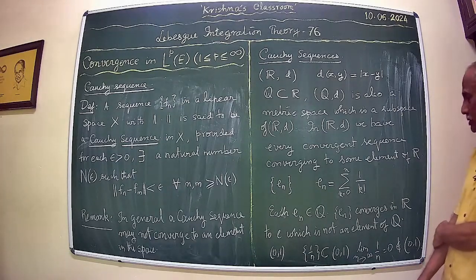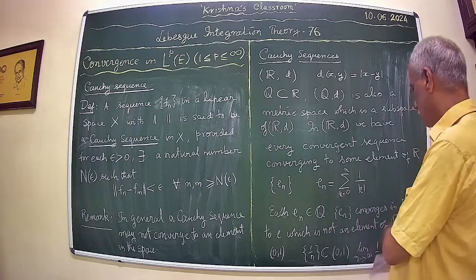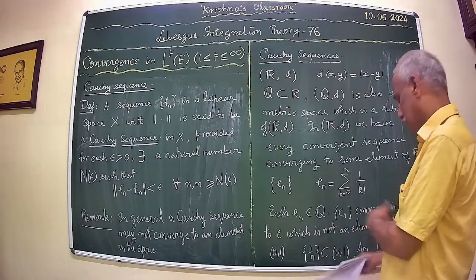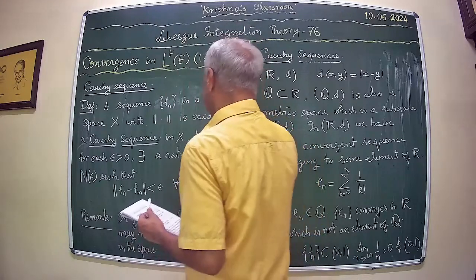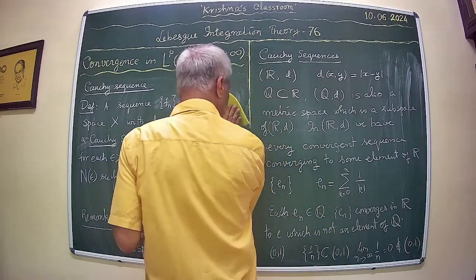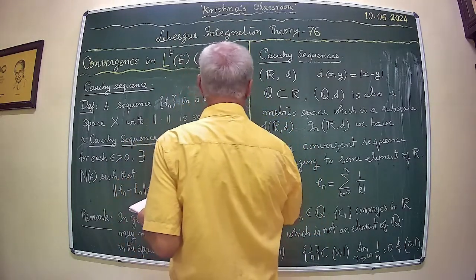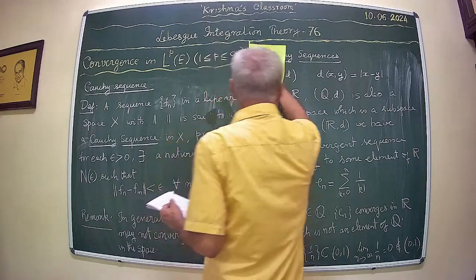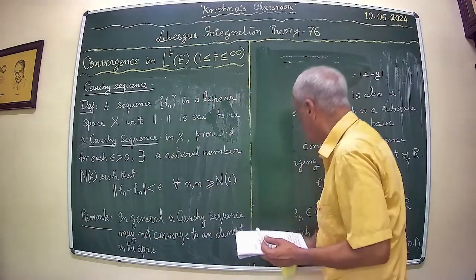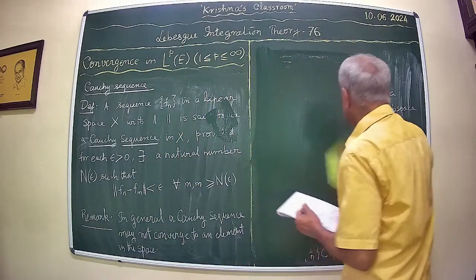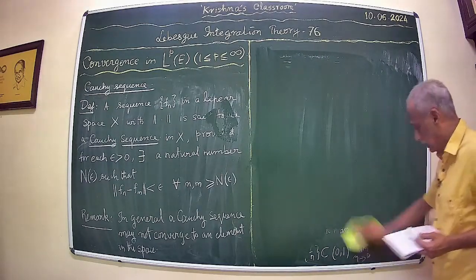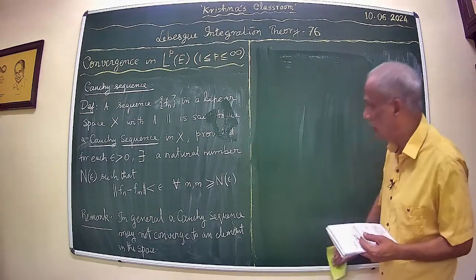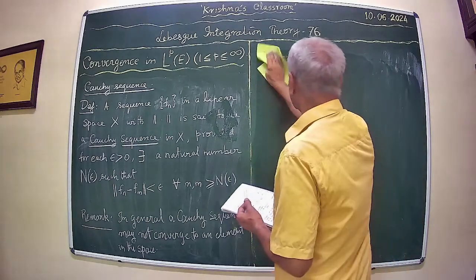So you don't have to go outside that space to look for the limits. Now we have seen other examples also. So it's clear, a pretty known thing, so I don't want to spend much time. Now we will look at some results related. I was using the word convergible sequence.